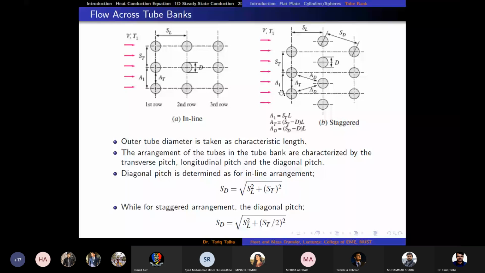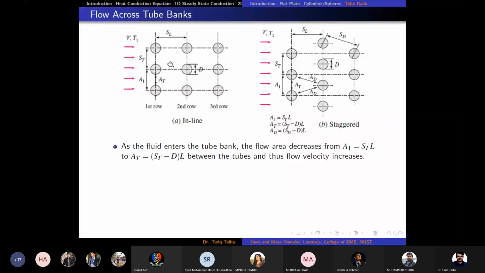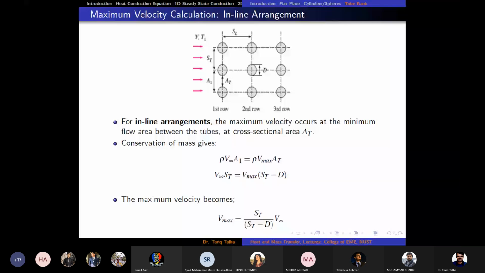If the number of tubes in the flow direction is equal to 16 or more than 16, then we can apply these relations. But if the number of tubes is less than 16, then we need to correct the Nusselt number value. Why do we need that correction?